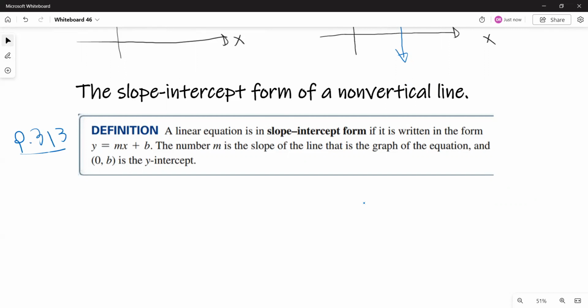A linear equation is in slope-intercept form if it is written in the form y equals mx plus b. The number m is the slope of the line, that is the graph of the equation, and (0, b) is the y-intercept.